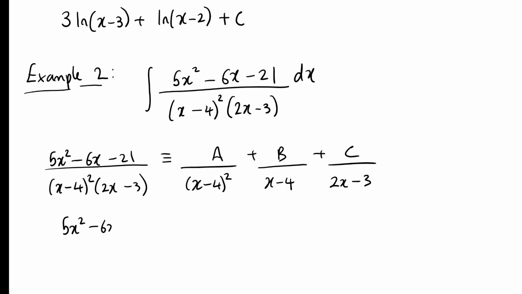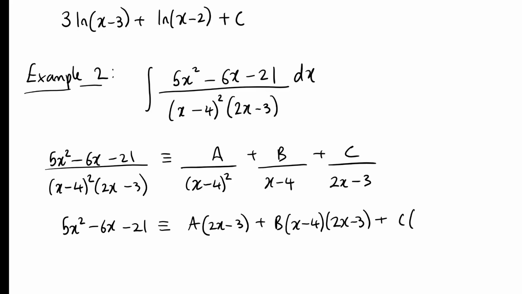Multiply both sides by the denominator to get a times 2x minus 3 plus b times x minus 4 times 2x minus 3 plus c times x minus 4 squared. Let x equal 4.